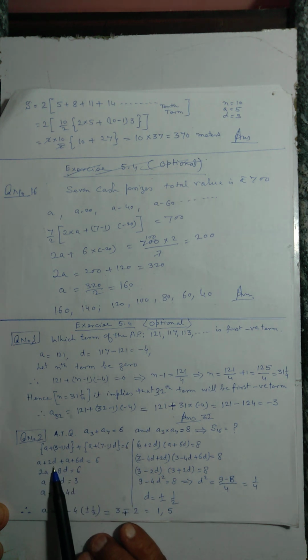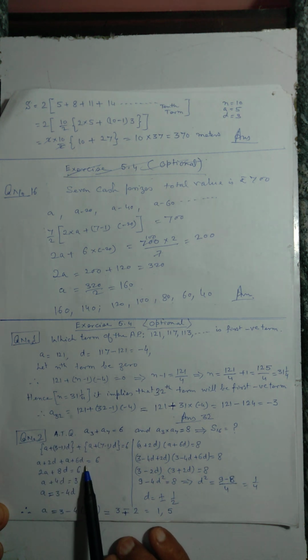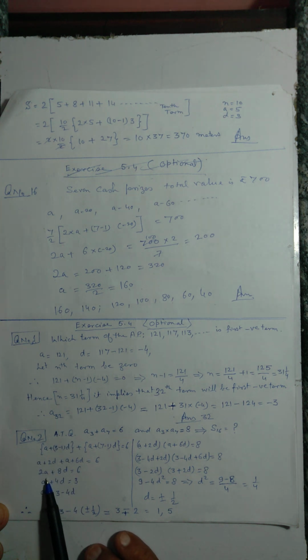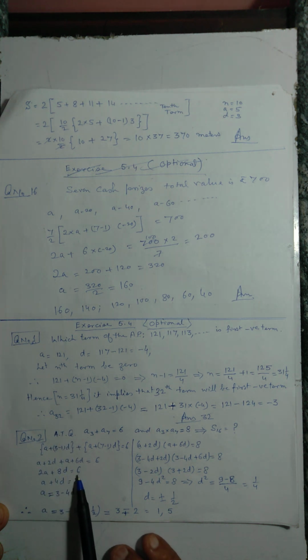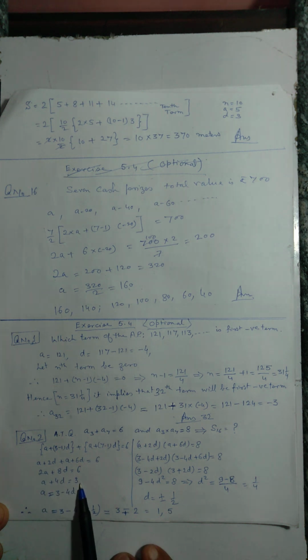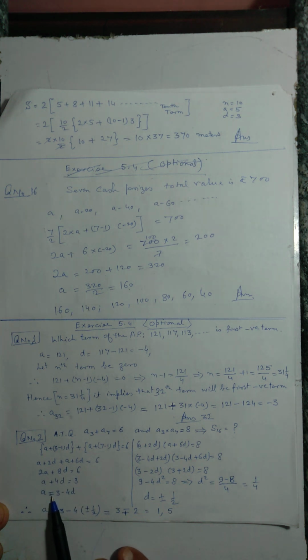So A plus 2D and A plus 6D is equal to 6. Again 2A plus 8D is equal to 6. Now divide both the left hand side and right hand side by 2. We will get A plus 4D is equal to 3. So A will be equal to 3 minus 4D.